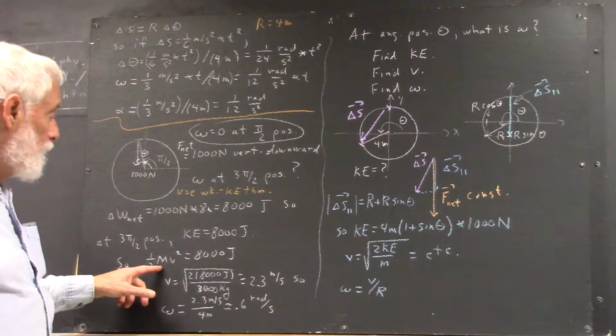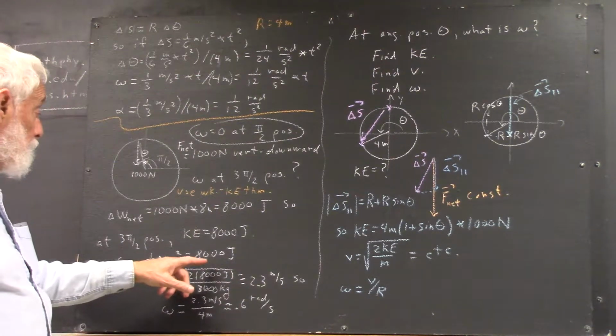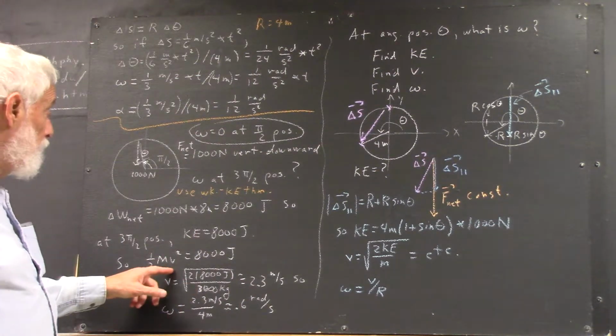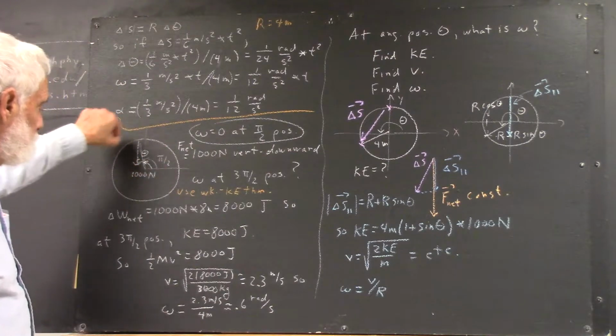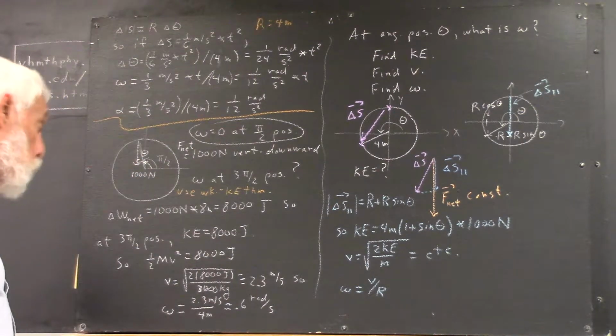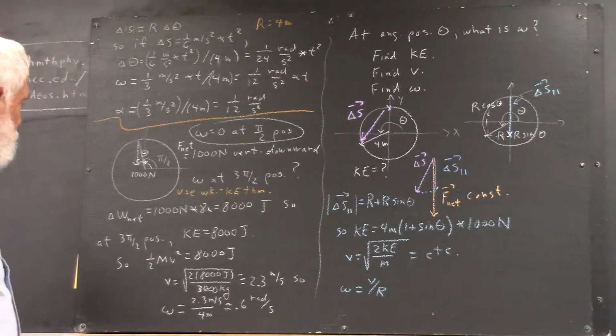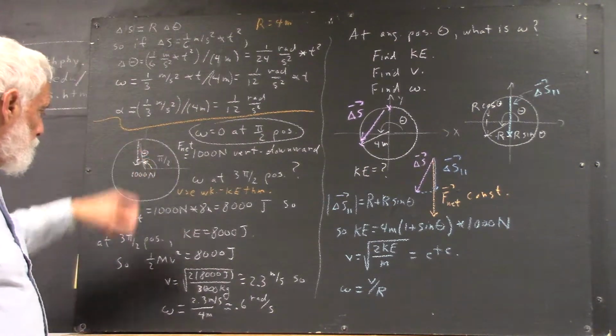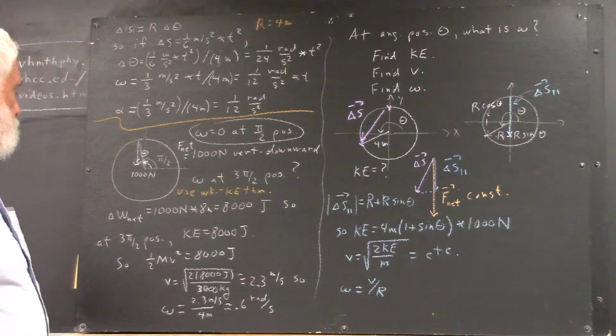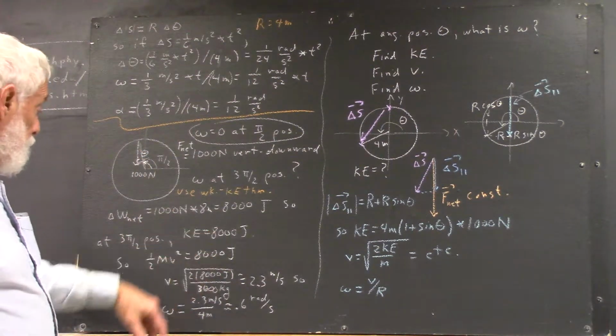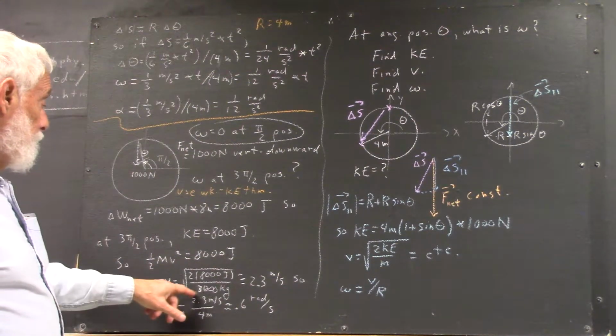It follows that 1/2 the mass of the wheel times v squared is 8,000 joules, where v is the speed of a point on the rim. So we set that equal, and we get the speed.